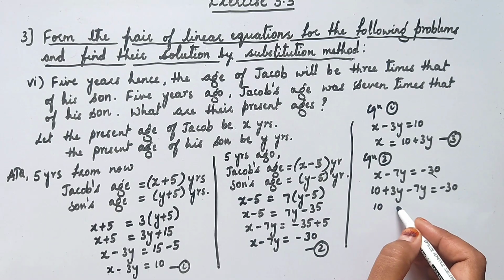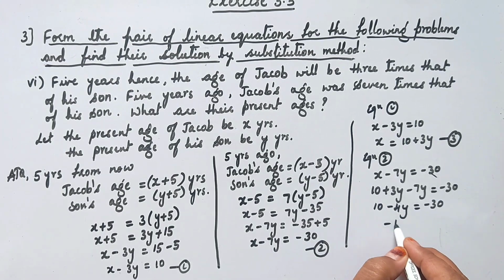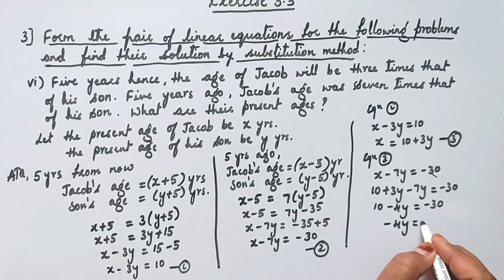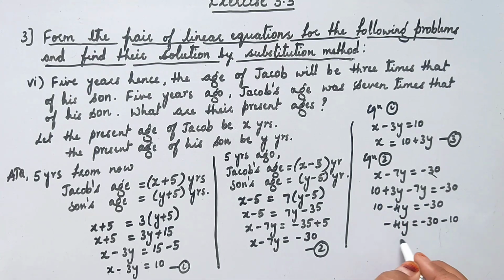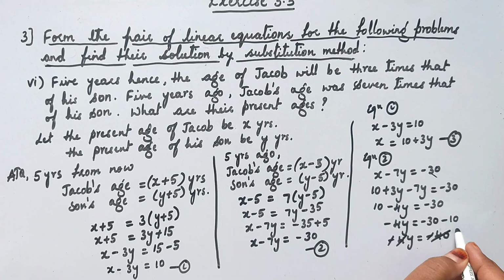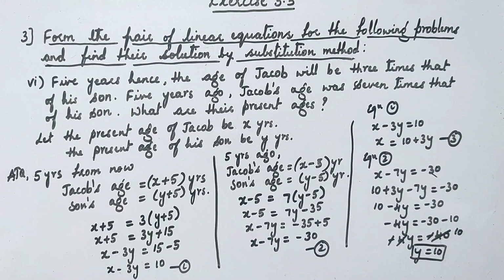I'm going to get here 4y, greater number sign is minus, equal to minus 30. So minus 4y equal to minus 30. So put 10 on this side, minus 10. Minus 4y equal to, same signs, add. When you add, you're going to get 40. So minus minus gets cancelled, 4 ones are 4, 4 tens are 40. Y equal to 10. So I got the value of y as 10.